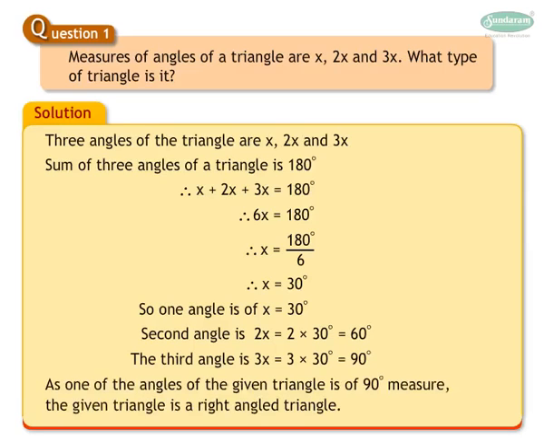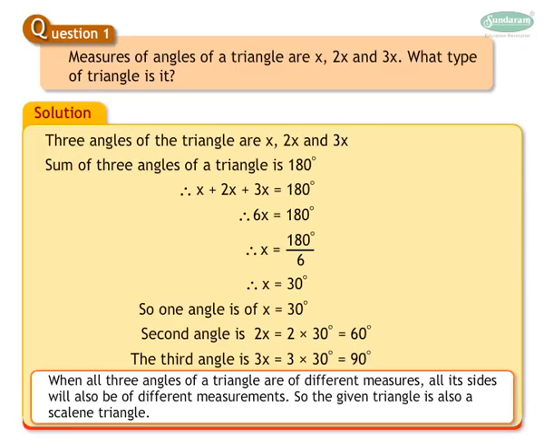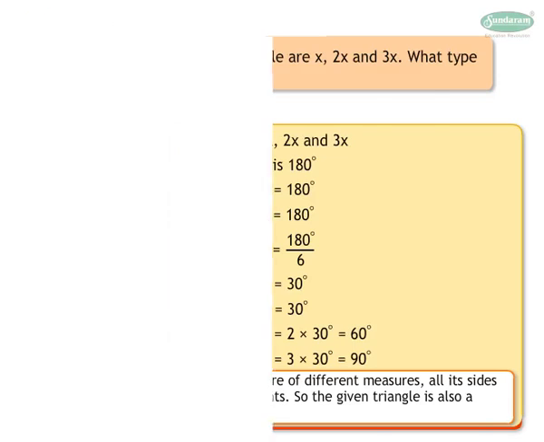As one of the angles of the given triangle is of 90 degrees measure, the given triangle is a right-angled triangle. When all three angles of a triangle are of different measures, all its sides will also be of different measurements. So, the given triangle is also a scalene triangle.